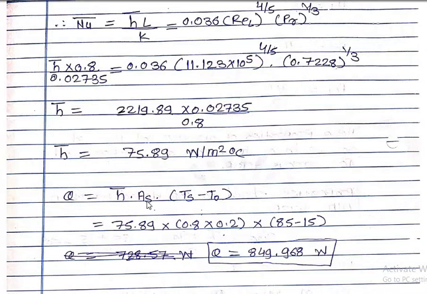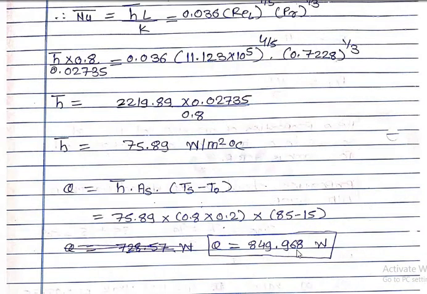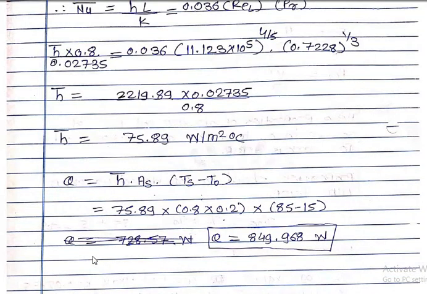So Q is equal to h bar, the heat transfer coefficient, 75.89 as we calculated, multiplied by length times width, the surface area of the plate, 0.8 multiplied by 0.2, multiplied by 85 minus 15, that is the surface temperature minus the fluid temperature. So we will get Q as 849.968 watt. This is our required answer.